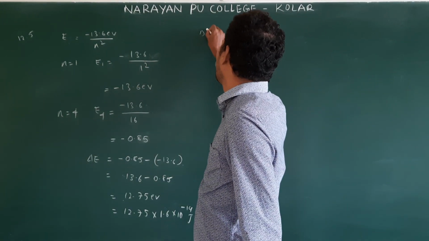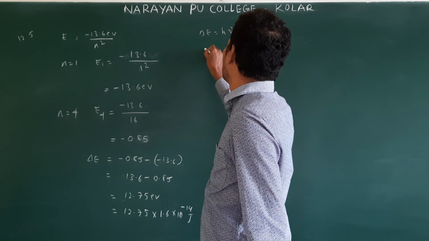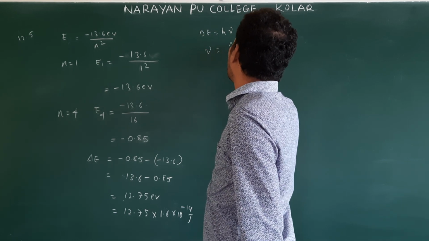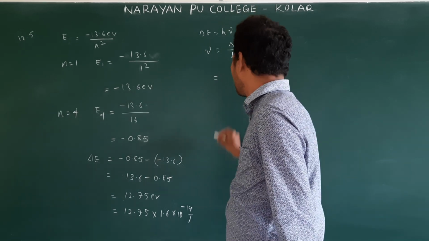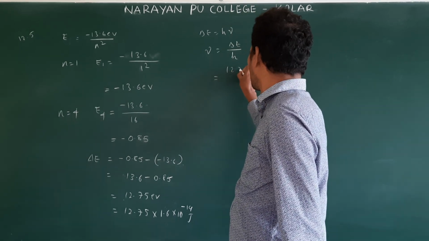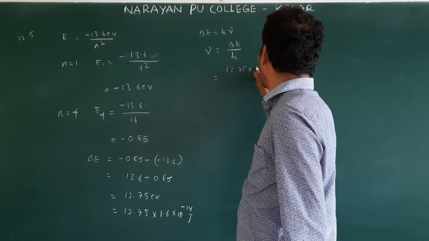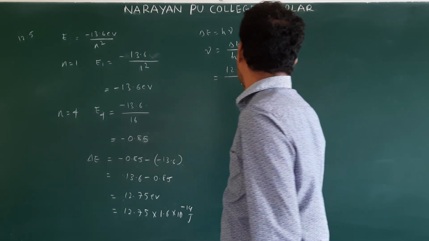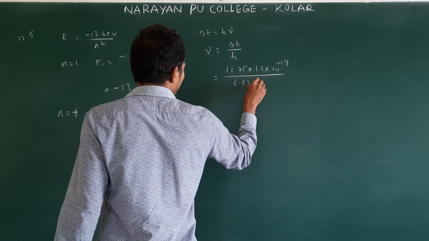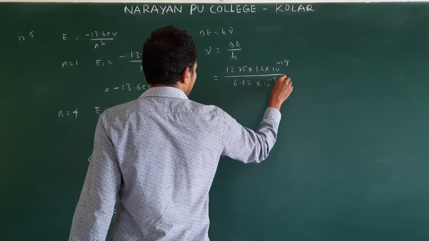What is that? Delta E is equal to h nu. Nu is equal to delta E by h. What is delta E? 12.75 into 1.6 into 10 power minus 19 by h value, which is 6.62 into 10 power minus 34.